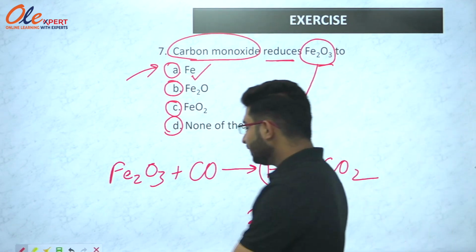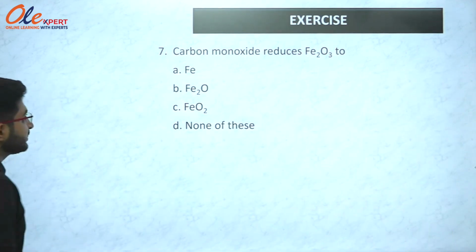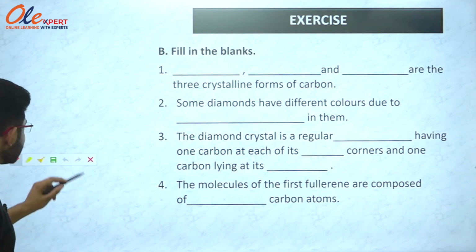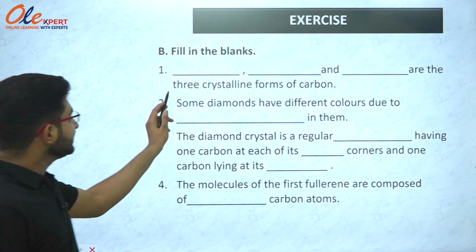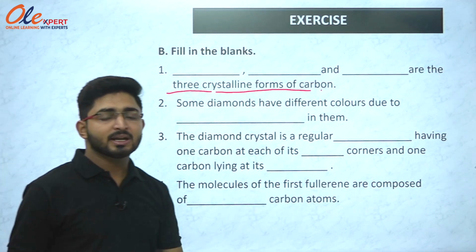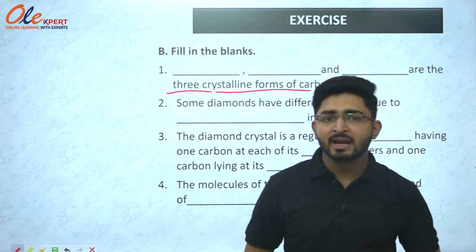That is, carbon monoxide reduces Fe2O3 into Fe. Okay. Now we are going to move on to the next question that is on your screen. Fill in the blanks. The first part says dash, dash and dash are the three crystalline forms of carbon. When we talk about carbon, there are two forms, that is crystalline and amorphous.